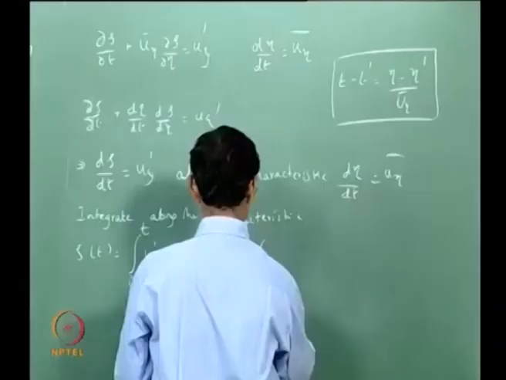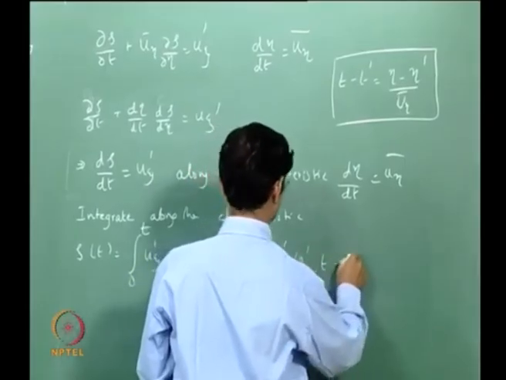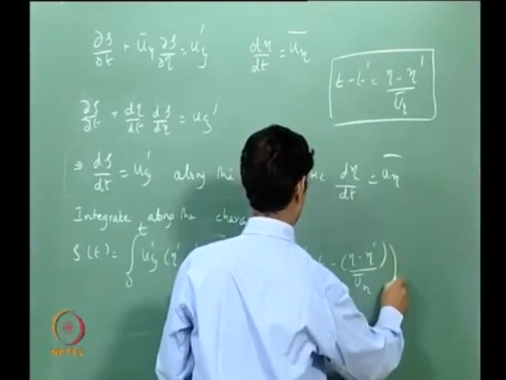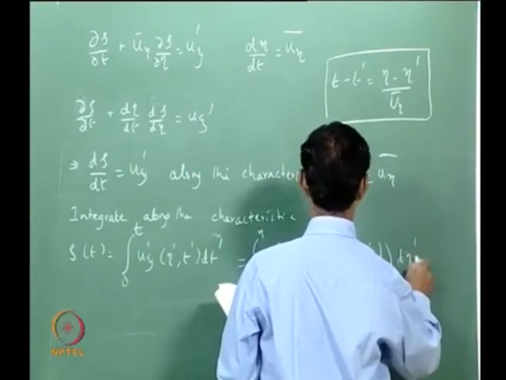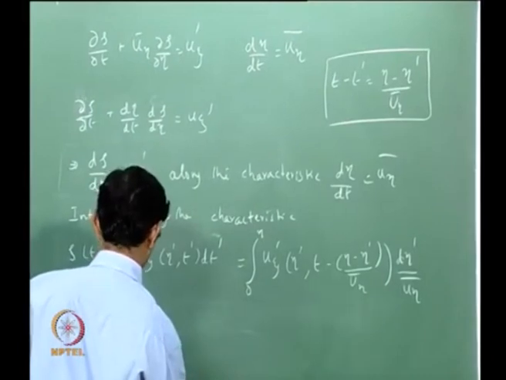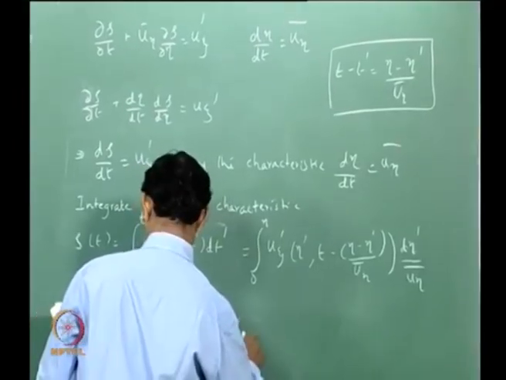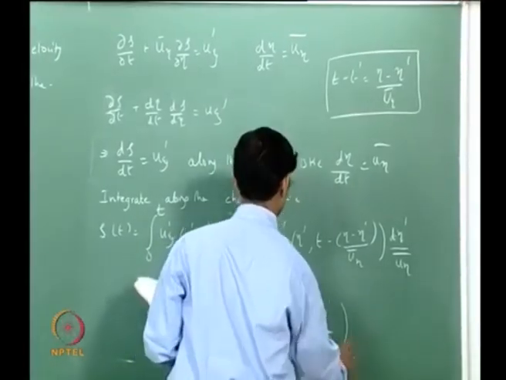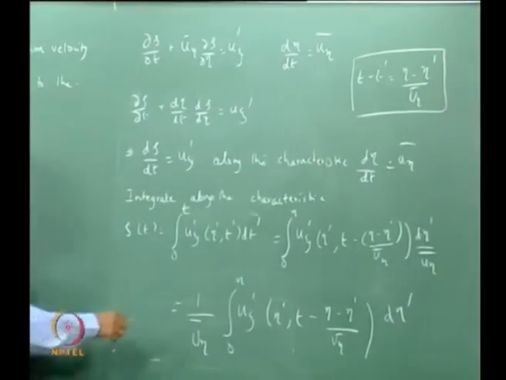So this we can rewrite as an integral from 0 to eta. So this is the solution in terms of the characteristics.